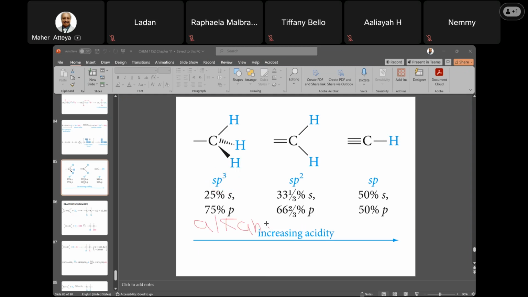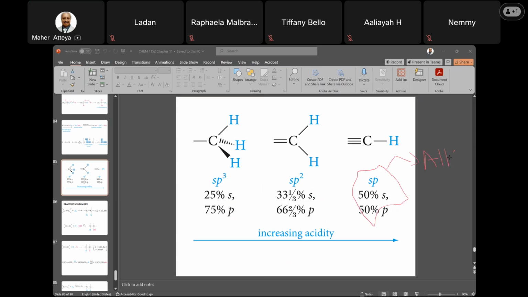This one here, sp2, will be alkenes. Double bond. And this one here is sp, that will be your alkynes.